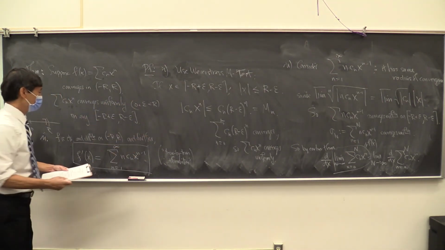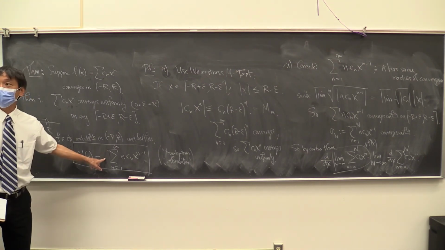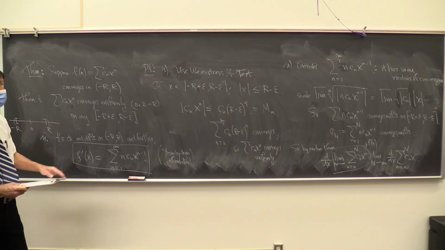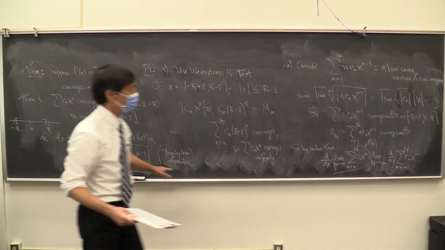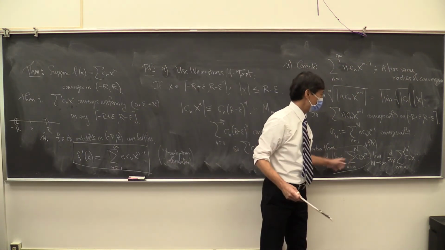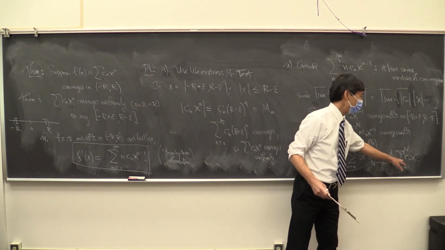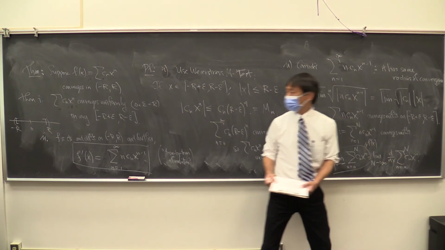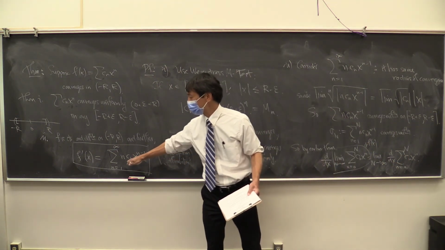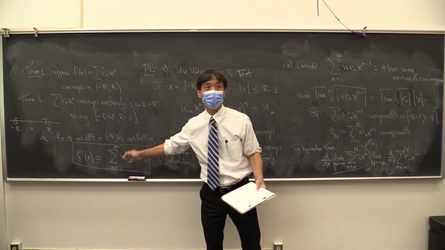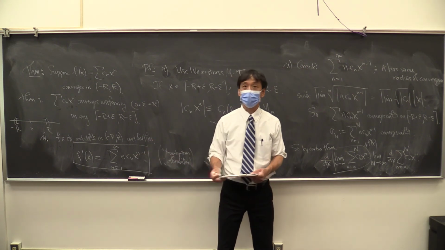What I just wrote over there is this box statement. The derivative of the function equals the limit of the partial sum sequence of this series here. In other words, it's this series.